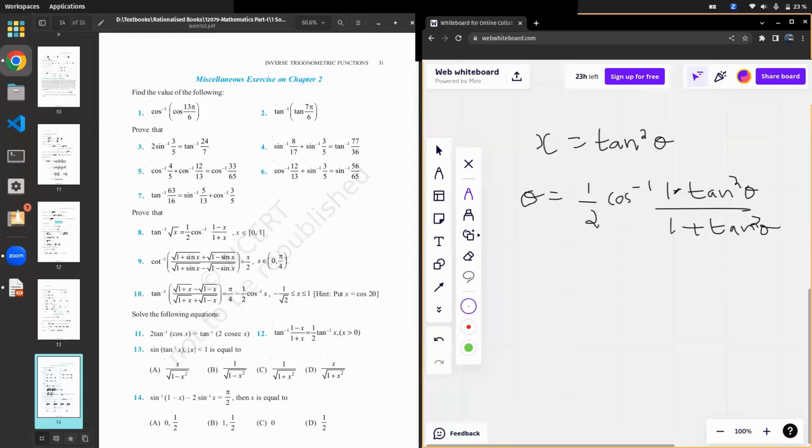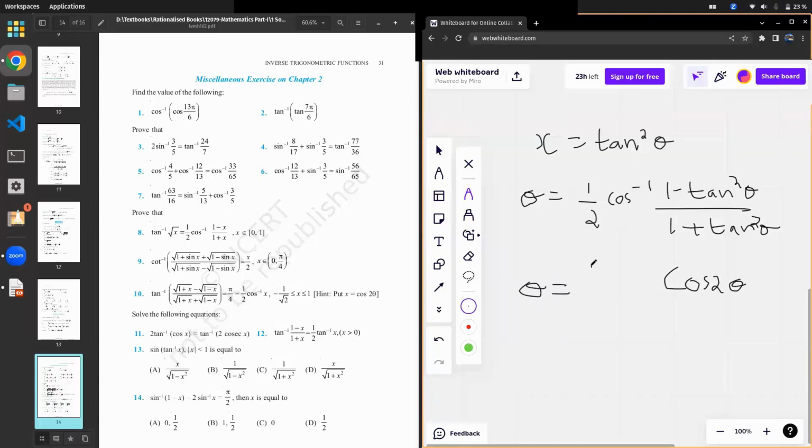So the cos square theta will go to the numerator. The numerator will become cos square theta minus cos square theta into tan square theta. We know cos square theta into tan square theta is equal to sin square theta. So the numerator will be cos square theta minus sin square theta, which is equal to cos 2 theta.